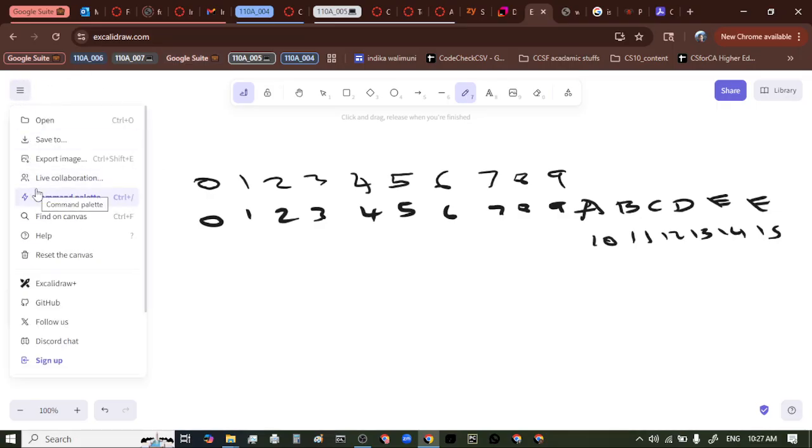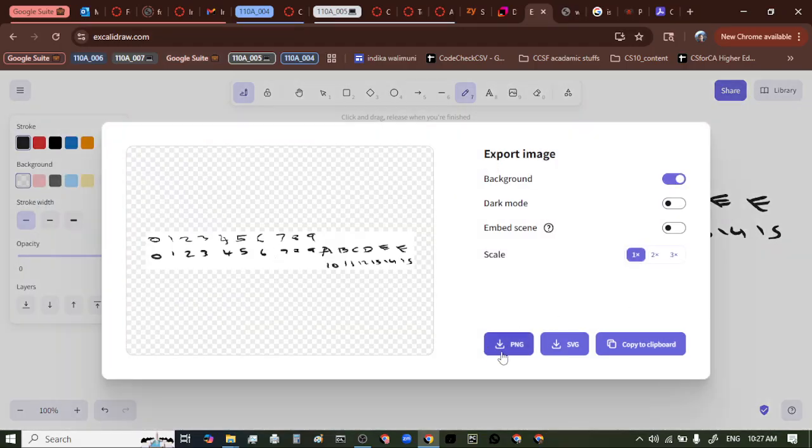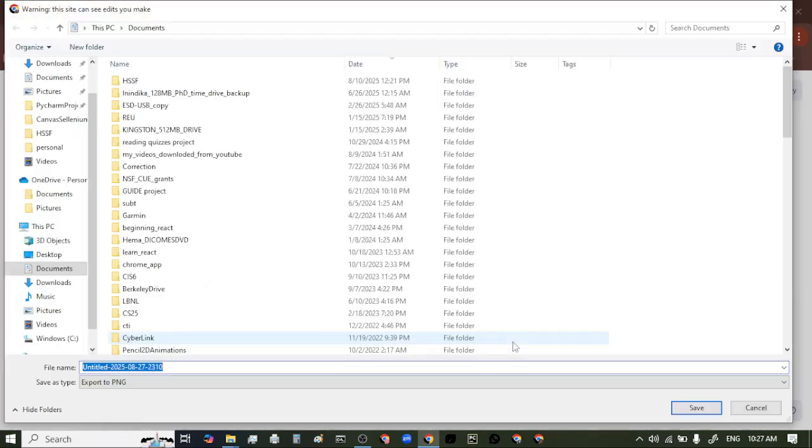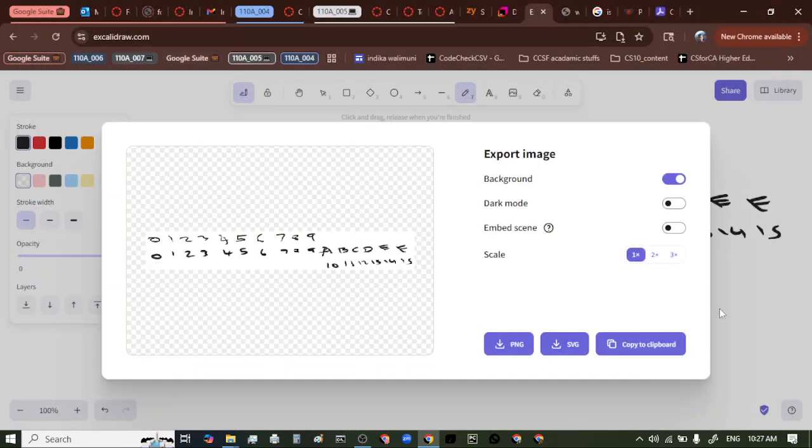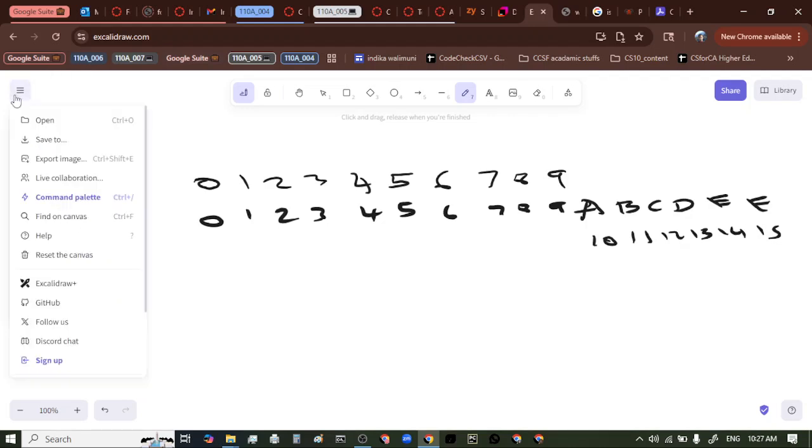It's a nice ringtone. Export to X1. All right. So I'm going to reset this.